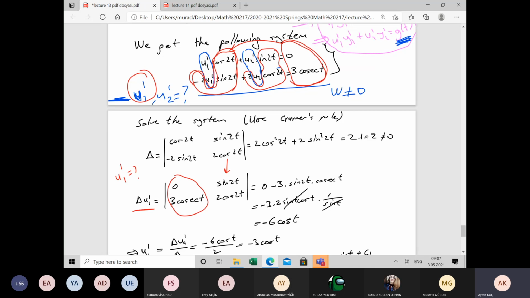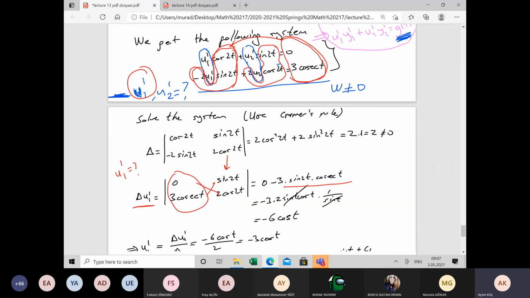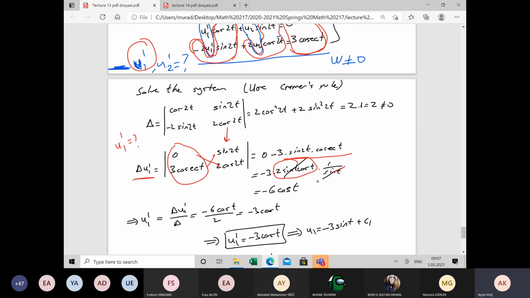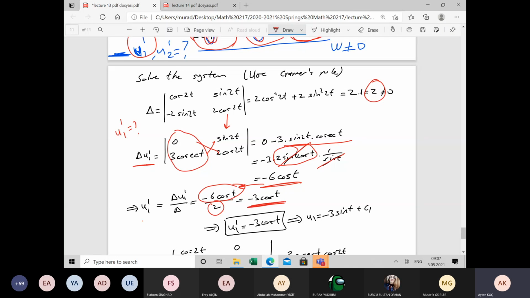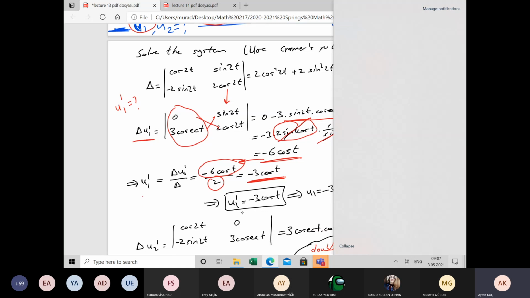Computing, this term is 0, and we obtain this product: sine 2t, 2 times sine t times cosine t, and we cancel sine t. So what's U1 prime? It is delta U1 prime over delta, the determinant of the coefficient matrix, which is 2. Substituting delta U1 prime, we obtain 3 cosine t, and so U1 prime is minus 3 cosine t.